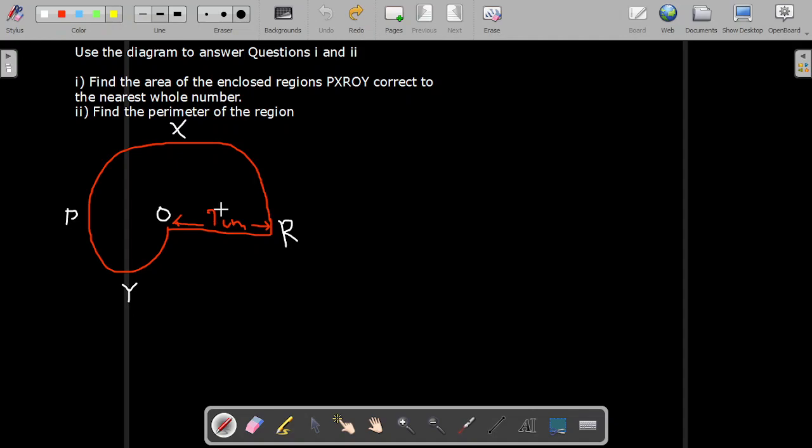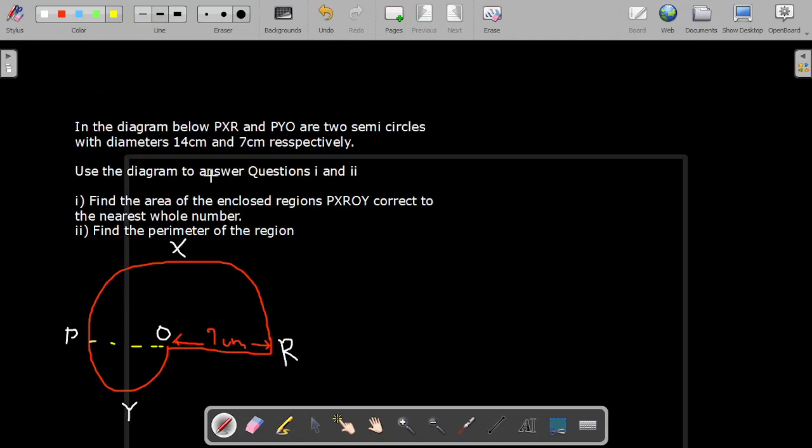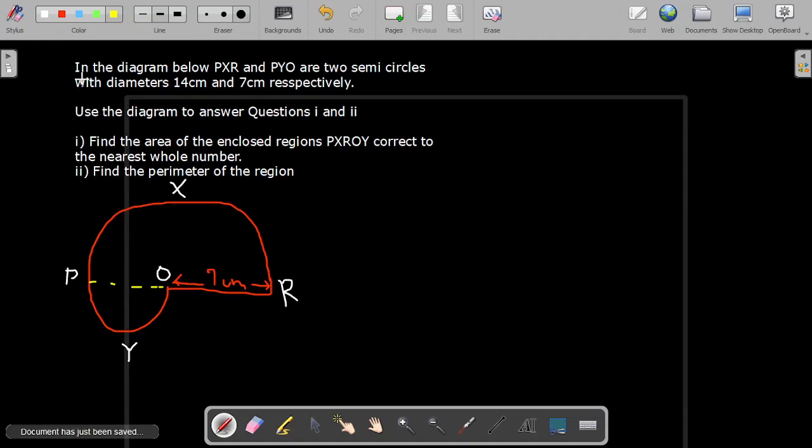By looking at this, we find out that it is formed by two semicircles, because we can assume there's a line here. We find out that this is a semicircle as it has been stated. Oh, sorry, there's actually the question here and the diagram below.